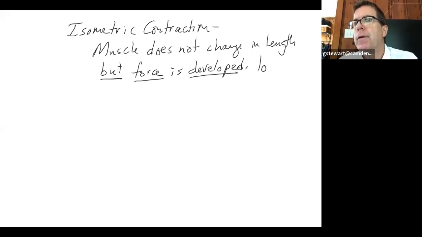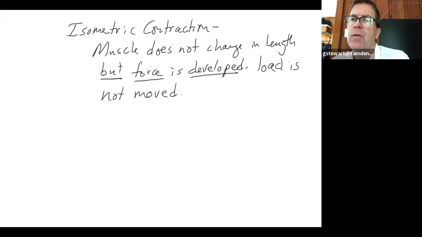And the load is not moved. In an isotonic contraction, we actually move the load that we are trying to move, like lifting the weight. So tension is created during an isometric contraction, but the load is never moved because it weighs more, or we are unable to move it based on the force that we can develop with our muscles.